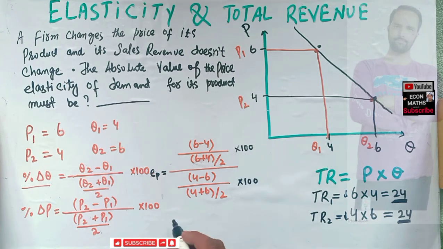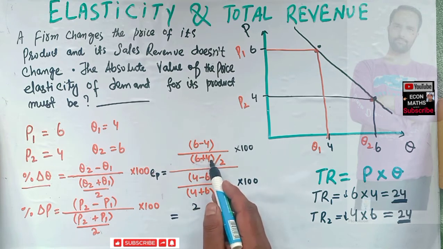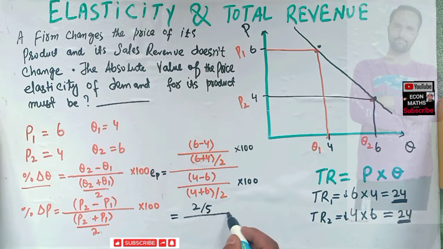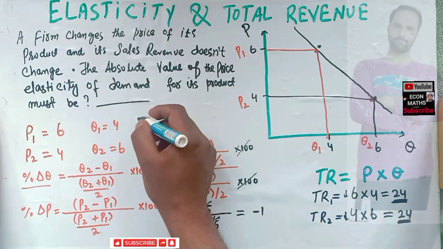So 6 minus 4 is 2 and 6 plus 4 is 10 upon 2 is 5, so we get 2 upon 5 in the numerator, and here we get minus 2 upon, again 6 plus 4 is 10 upon 2, which is 5. So the 100 and 100 get cancelled, and we are left with minus 1.